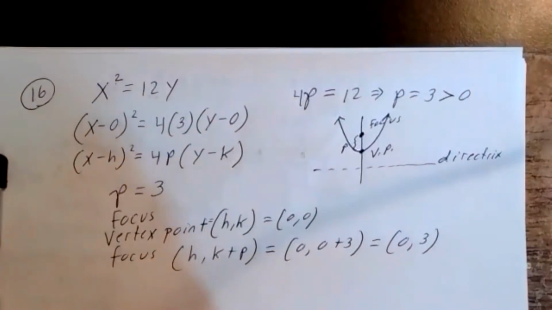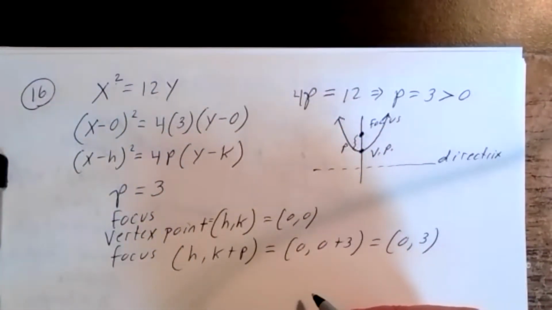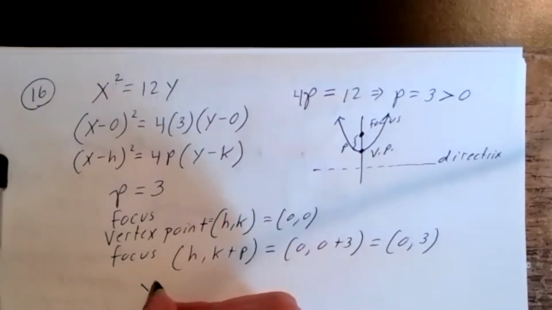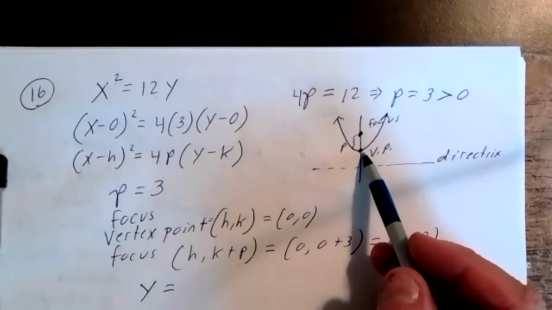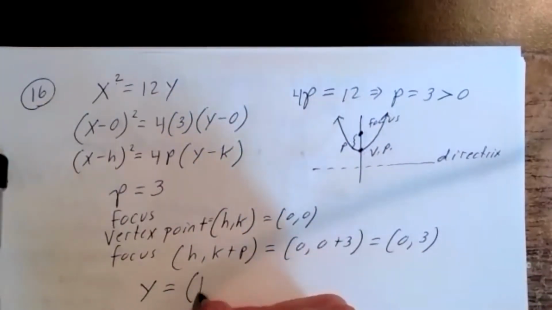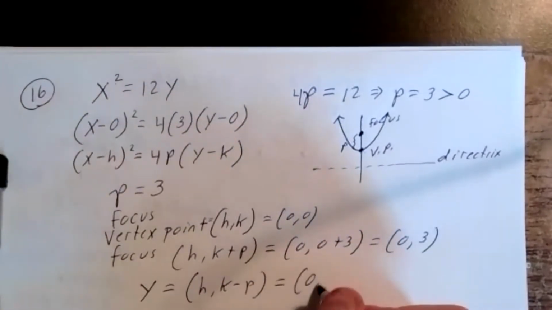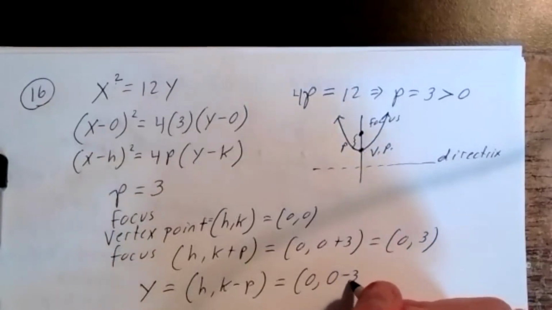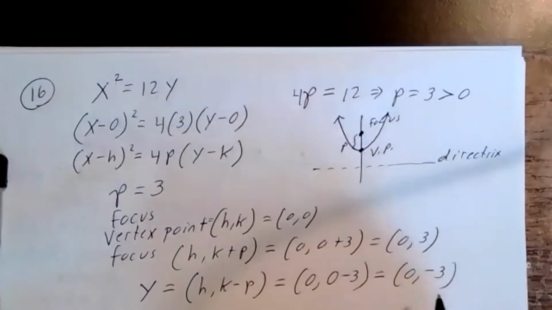I think they want the equation of the directrix, being a horizontal line. The directrix is going to be y equal to the y component of the vertex decreased by p. So it'll be k minus p, which is 0 minus 3. Well, hold on, that's not an equation there.